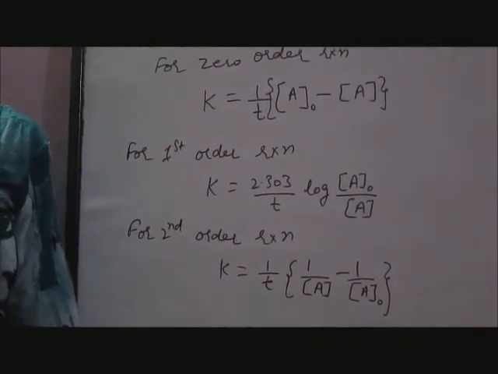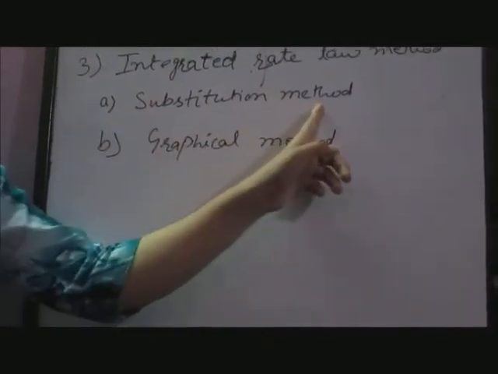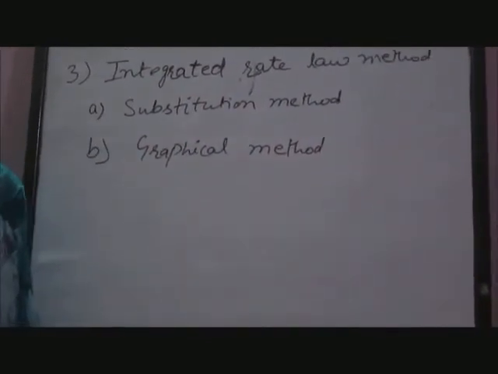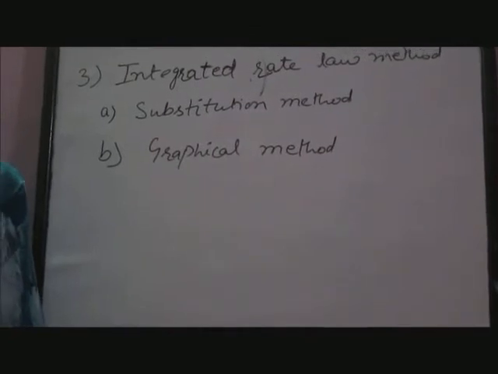First is substitution method. And second is graphical method. Substitution method, in which the results of the experiments are substituted in the expressions for rate constant of different orders one by one.